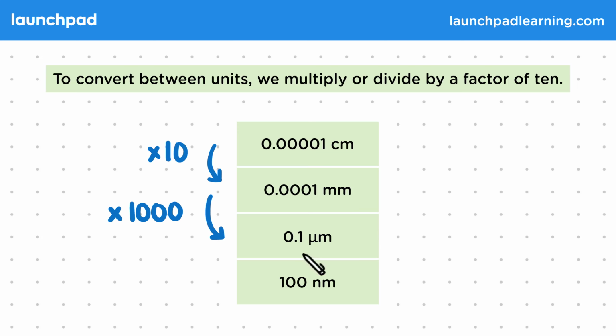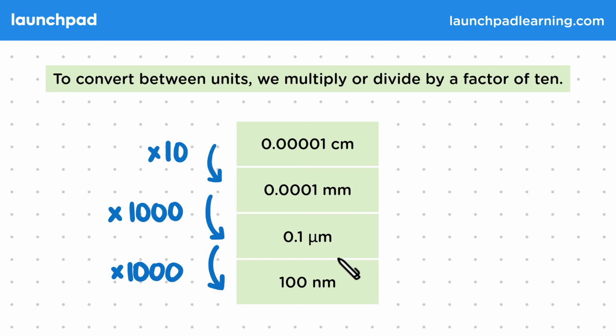And to get from micrometres to nanometres, we multiply by 1000 again. You can see how the decimal place has moved between centimetres going all the way down to nanometres. So when we convert to a smaller unit, we move the decimal point to the right.